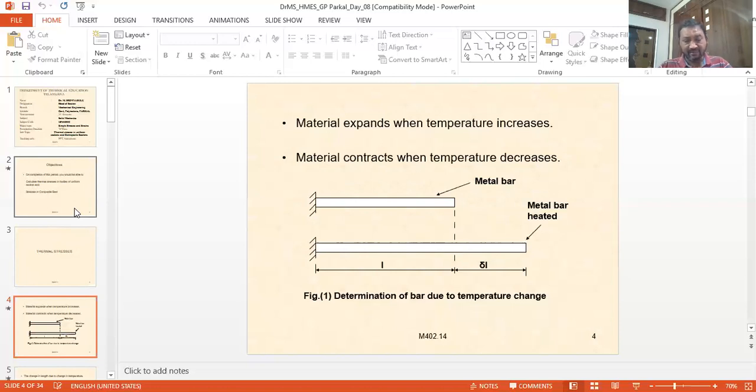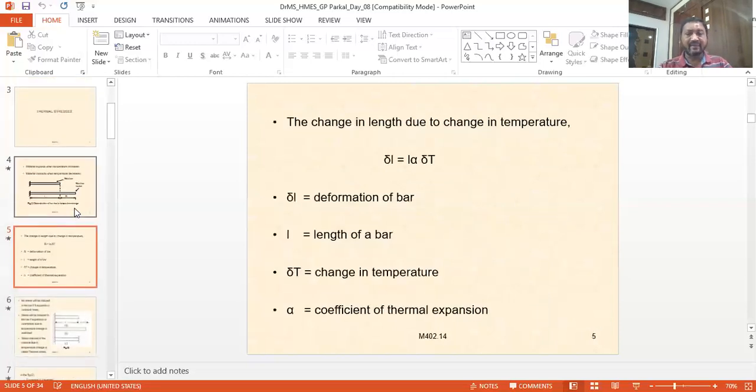The increase in length is equal to, say here, L is the length of the bar, delta L is the deformation or increase in length, or we can say the expansion of the bar, delta T is the change in temperature, and alpha is called the coefficient of thermal expansion. It is also called the coefficient of linear expansion, and it depends on the type of material.